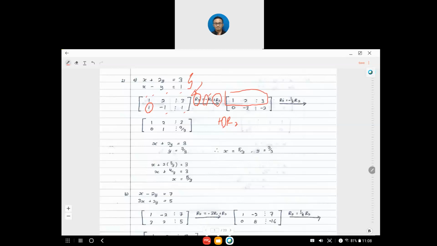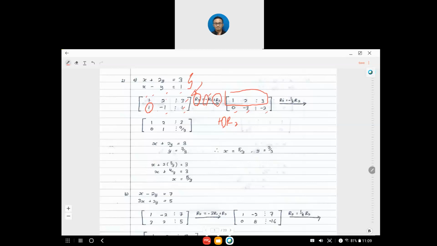The changes are on row 2 only. So -row 1: -1 plus 1, you get 0. -2 plus -1 becomes -3. And then -3 plus 1 becomes -2.